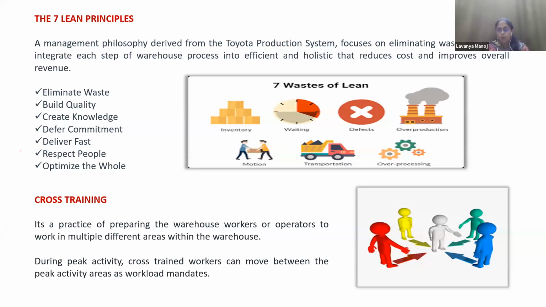So to avoid those scraps, to reduce the carbon imprint on the environment, and to minimize the wastes, the Toyota production system came up with 7 principles to minimize the waste.